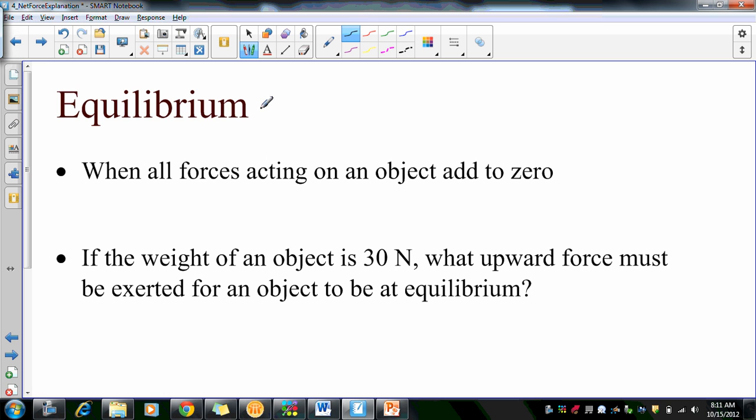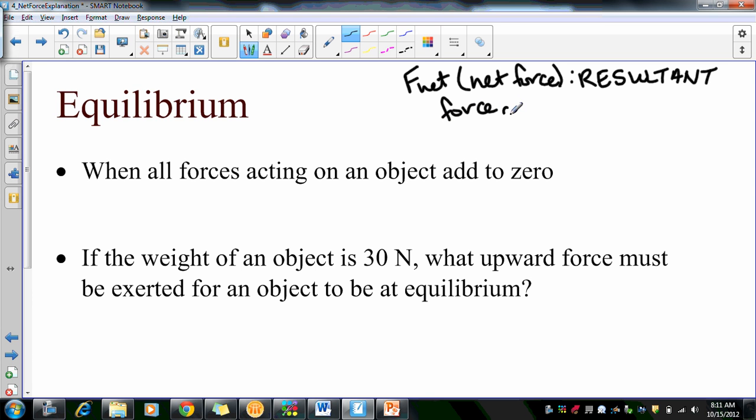And so this is whenever your net force, why don't we define net force? F net, which is net force, is the resultant force. Remember that word, resultant force on an object.